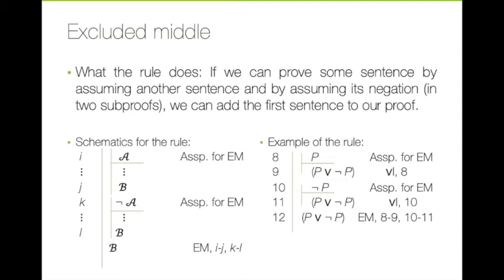Since we can prove P or not P from both of those assumptions, we can add P or not P to our proof at line 12. The idea behind this rule is that if some sentence follows, regardless of the truth of some assumption, that sentence ought to also be true.